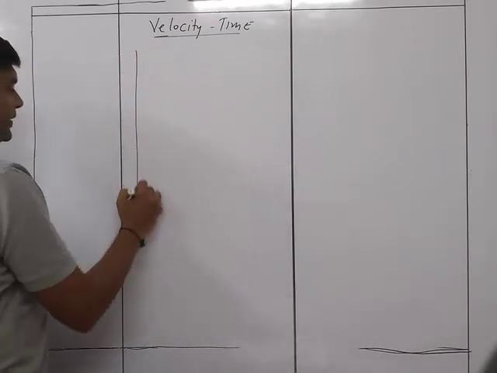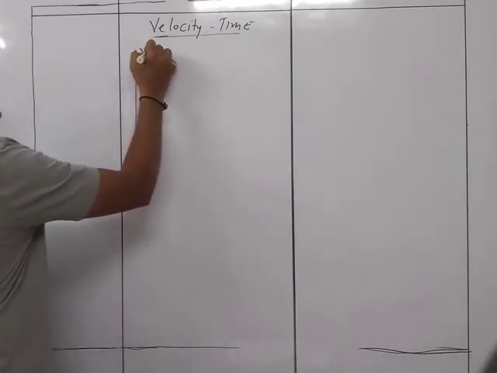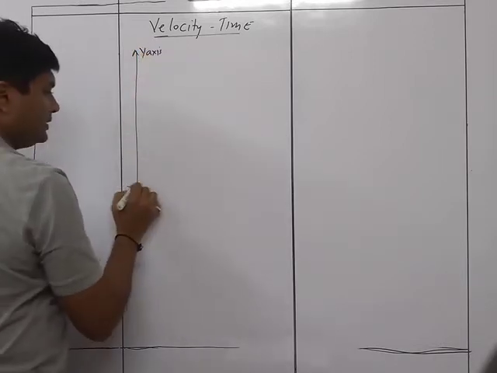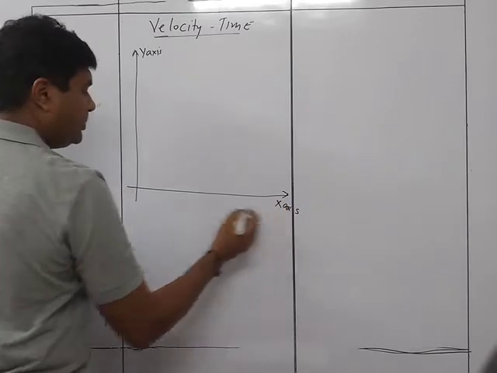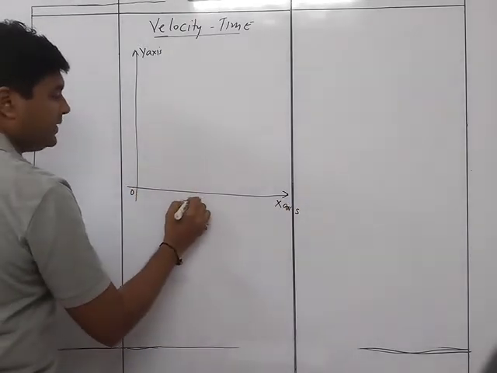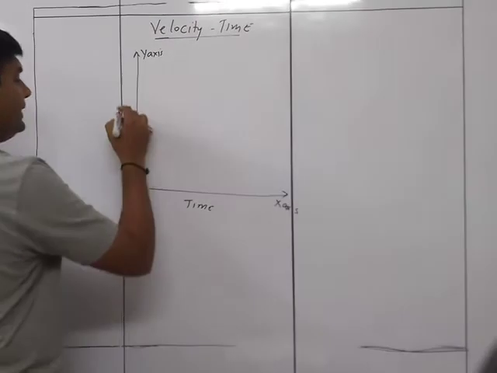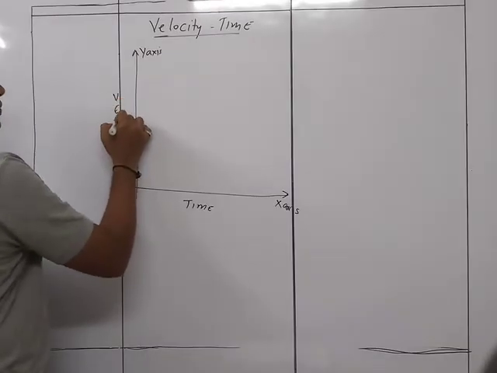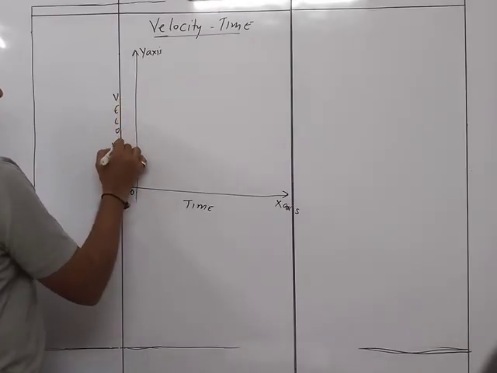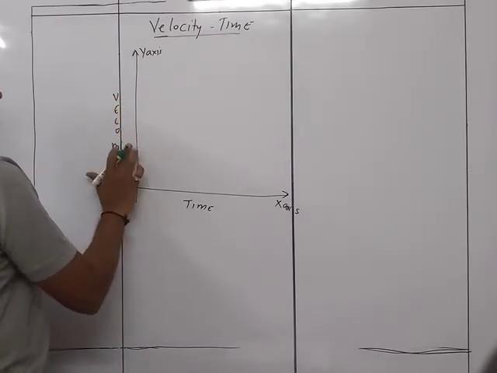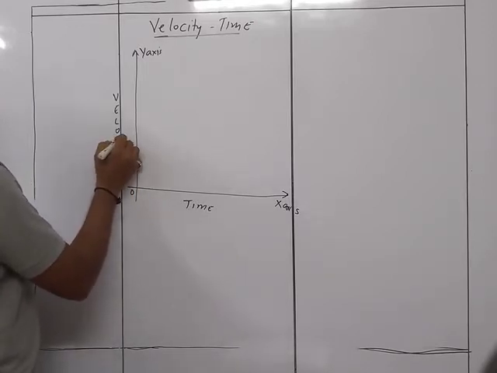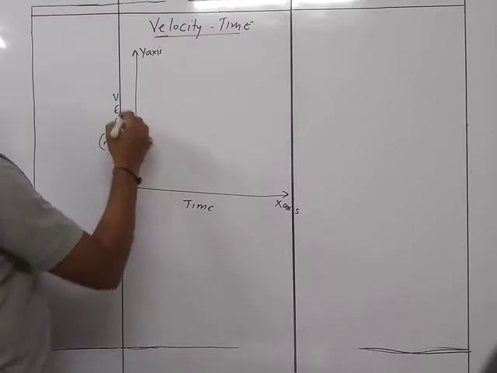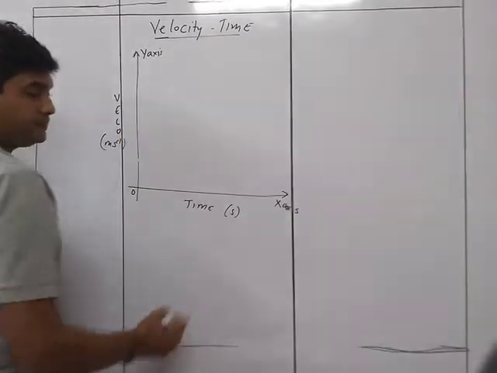We have this particular y-axis and this one is the x-axis. It will be seen that this will be the time and this will be the velocity. So for the velocity time graph, velocity will be in meter per second, or better write it as meter second minus 1, and time will be in second.